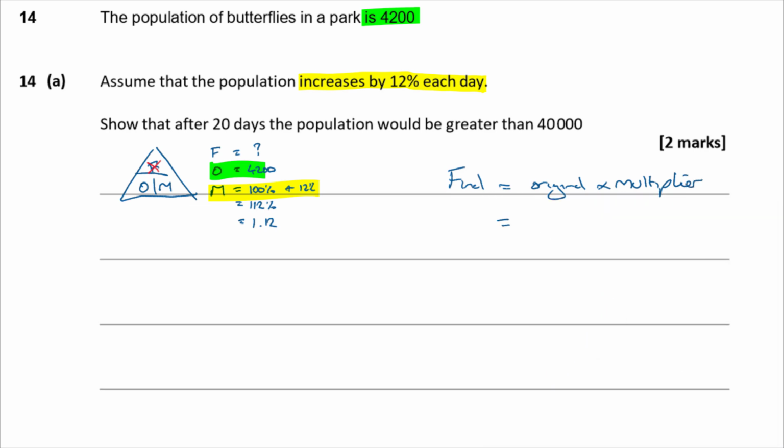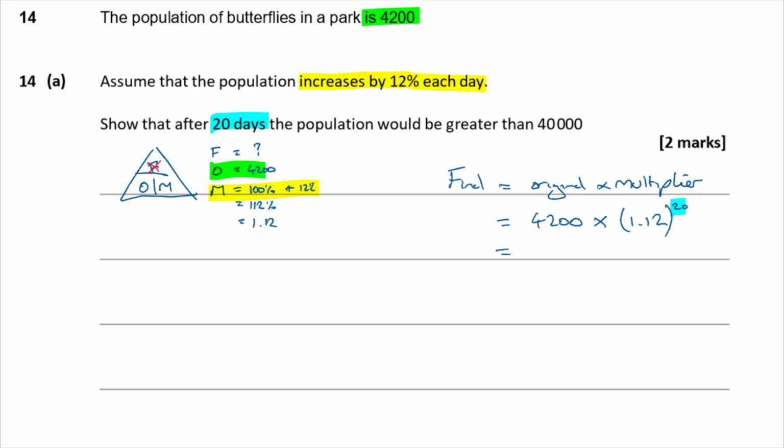Which is 4,200 times by 1.12. But that's if we did it once, but we need to do it a number of days, don't we? So we need to keep applying this multiplier. We need to apply it 20 times, so we're going to raise that to the power of 20.